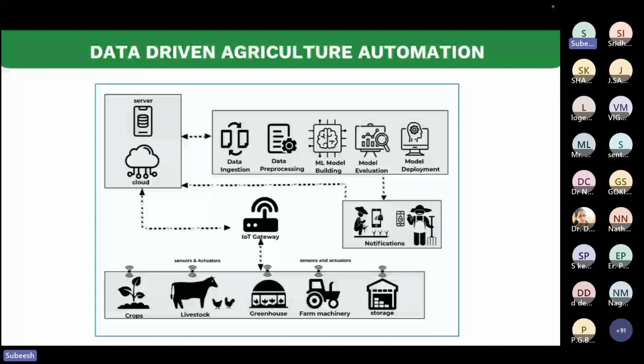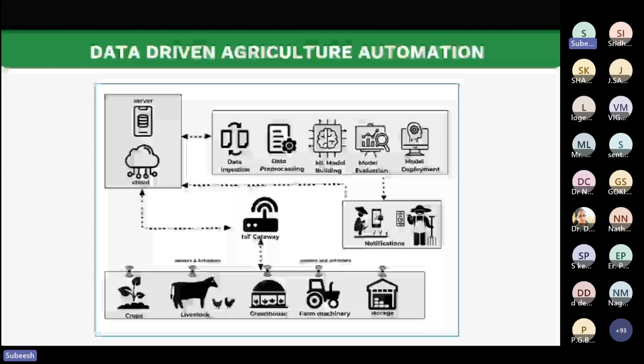These are some of the aspects of it. You can have sensors installed on crops, livestock, greenhouse, farm machinery, and storage. In terms of crops, you can get the crop requirements, whether the water requirement or the stress conditions, the nutrient deficiencies, all this you can get from crops. In terms of livestock, you can get any symptoms of behavioral changes, and any outbreak of diseases.